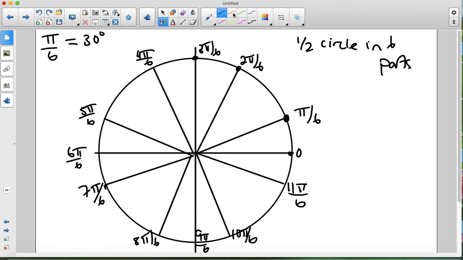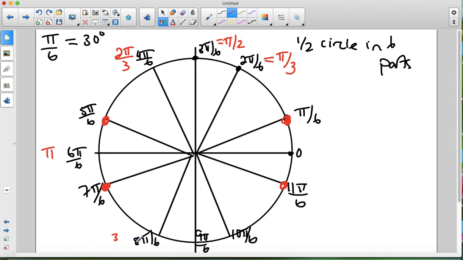Now the true over 6s are this one, this one, this one, this one, and this one. So there are really only 4 because the rest are all reduced, right? They're pi over 3, pi over 2, 2 pi over 3, and pi. And this one is 3 pi over 2.